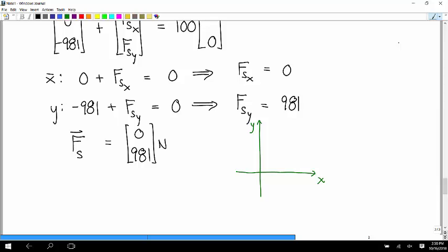So plot this point. You go 0 x, positive 981 y. Put the tail at the origin, and then this is the vector. And it has a magnitude of 981. So another way to say this is 981 newtons up.